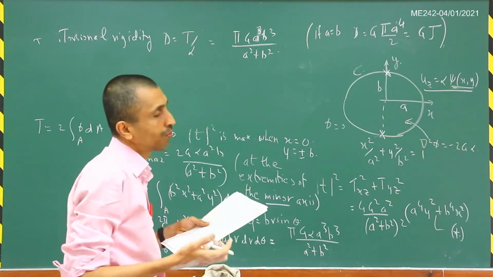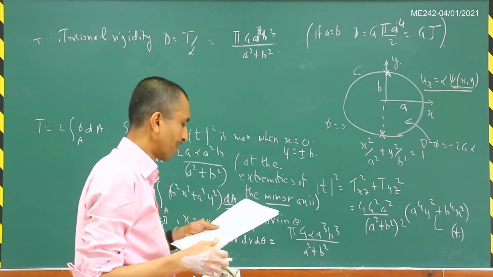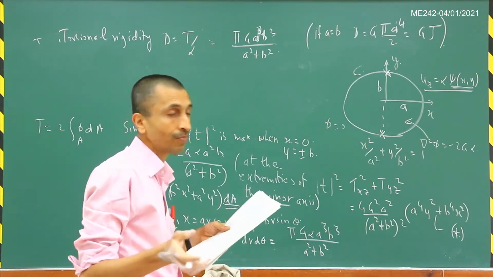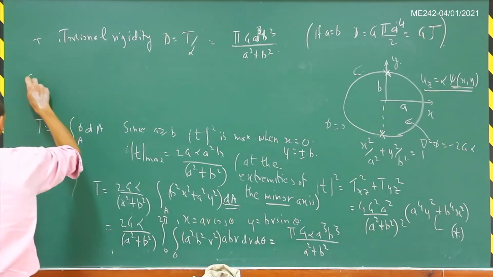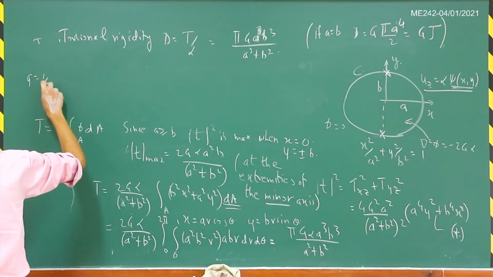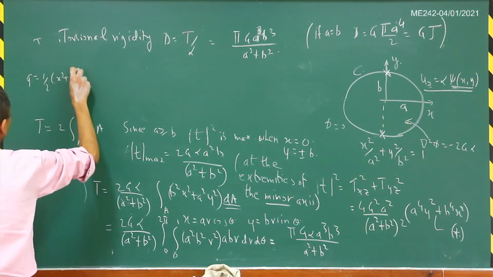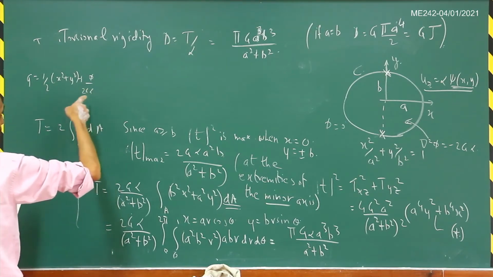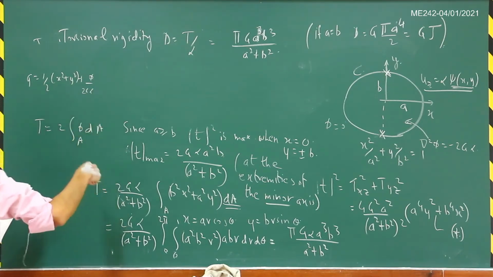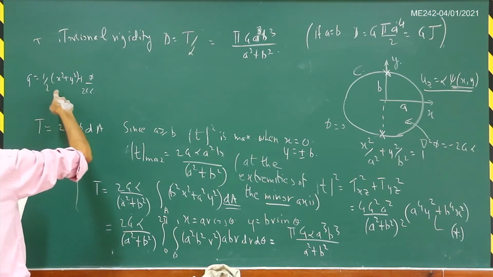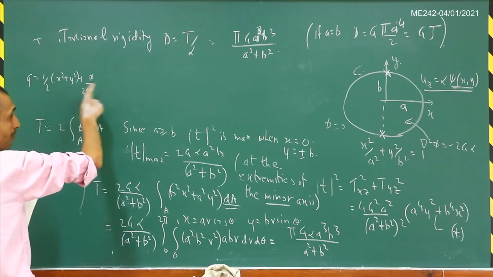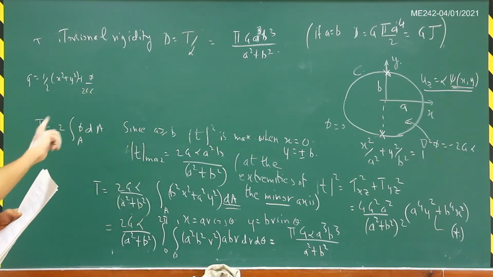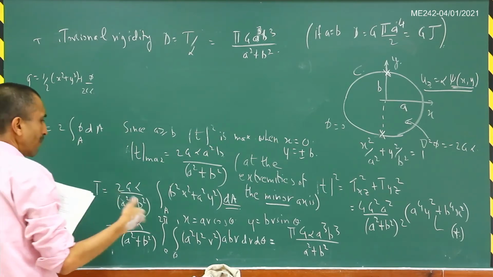One way to find the warping function would be to use the relation between g and phi. You can use g equal to half of x square plus y square plus phi by 2G alpha, and then you can find the warping function using the Cauchy-Riemann equation. So that is one way to do it, or we will follow another way here.